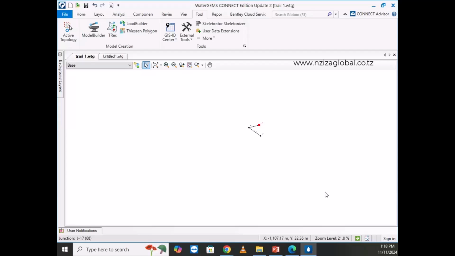You close and open it again. After saving, you close, and you open the model that you closed from the folder.